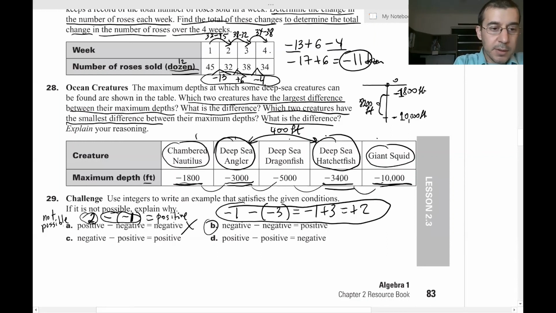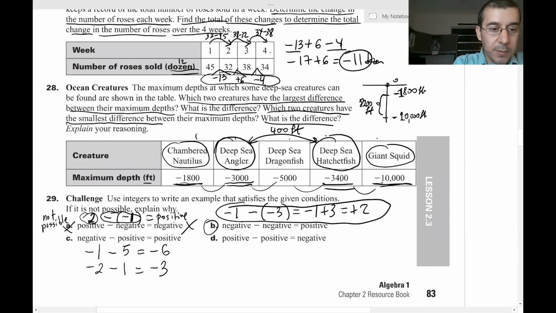Okay. And then C, negative minus positive equals positive. So negative, let's say minus 1, then minus positive, let's say 5. So this is minus 6. Even if we have minus 2, and then minus a number smaller than this number, so 1, this is always going to be a negative number.